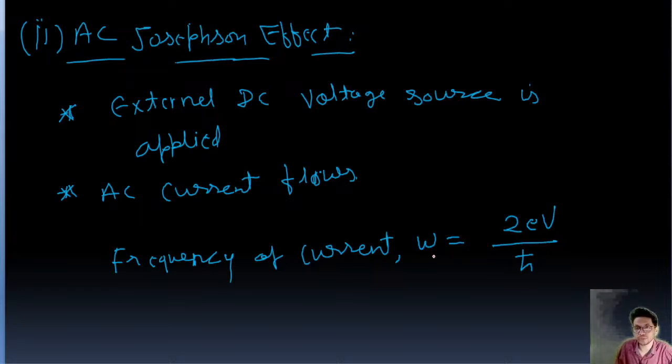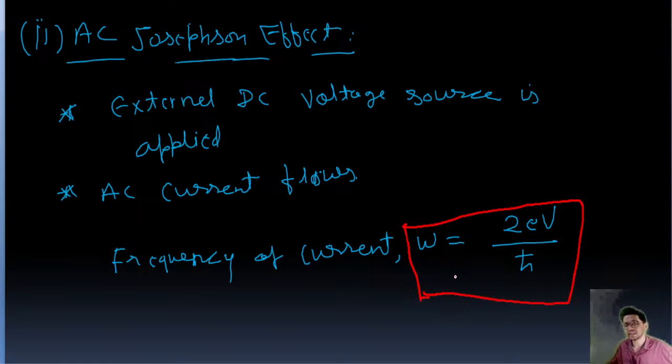This is a very important formula, guys. There was a 5 marks question in the CSIR NET exam, and using this formula you can easily get that answer. So the frequency of current is omega equal to 2eV upon h cut.